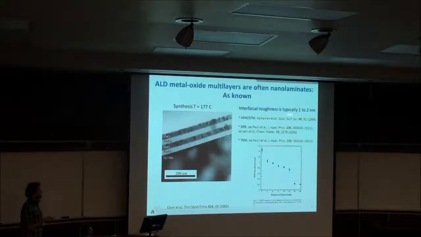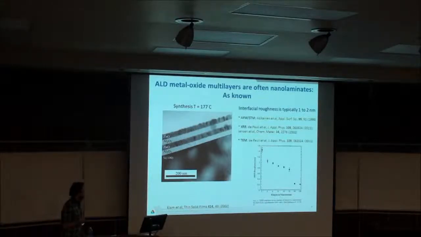There is still some interfacial roughness, approximately 1 to 2 nanometers, but it's pretty good. And this plot just shows the independence of interfacial roughness when you increase the number of double layers in this nanolaminate by ALD. So ALD metal oxides are nanolaminates, as known.